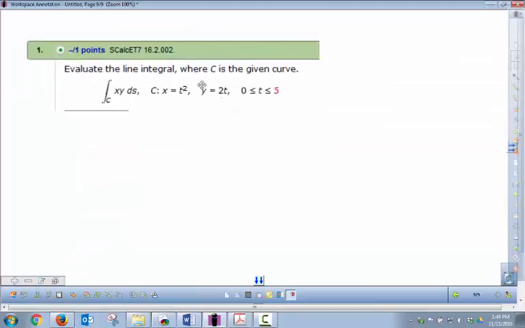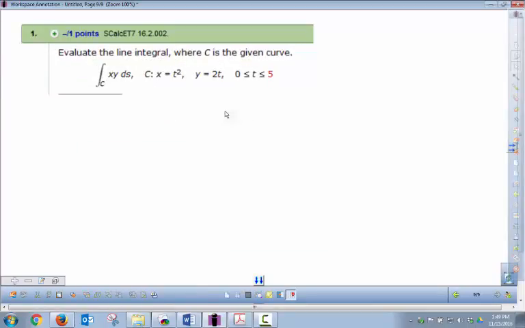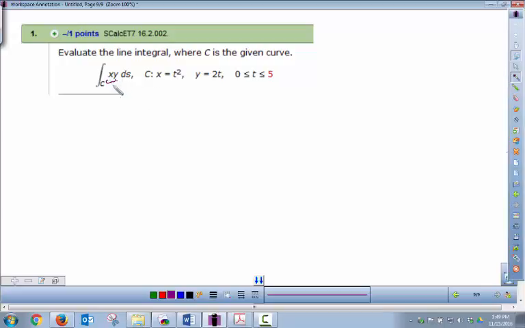So your f function is x times y. Your curve is t squared comma 2t, and your limits are going to be from 0 to 5. The other thing is they call it s, and I'd like to call it r.